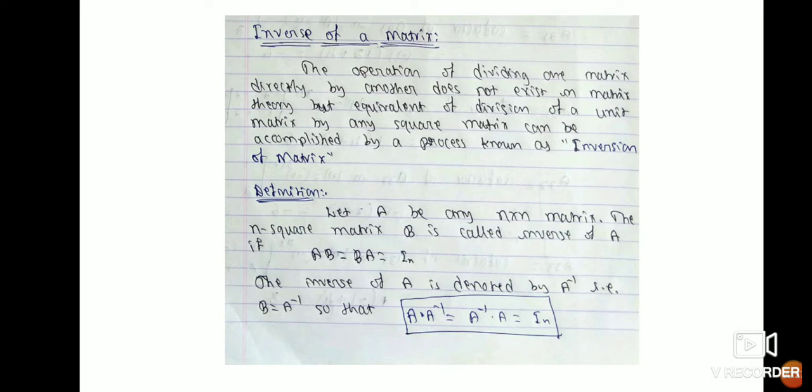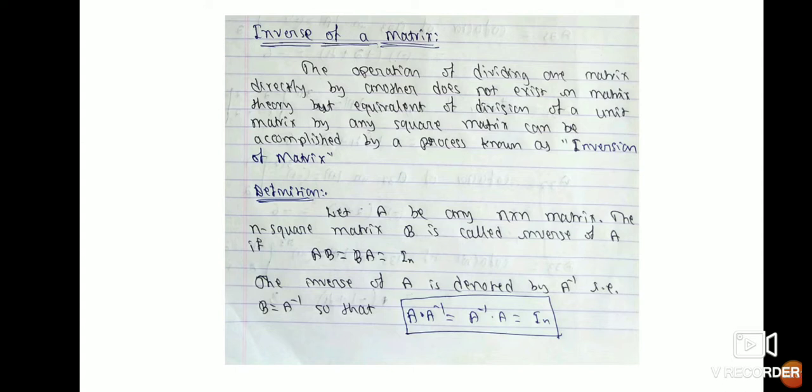The definition is like this: let A be any square matrix of order n by n. Then there exists a same order matrix, that is an n by n matrix B, called the inverse of the matrix, and it must satisfy the following condition: A into B is equal to B into A is equal to the identity matrix of order n.